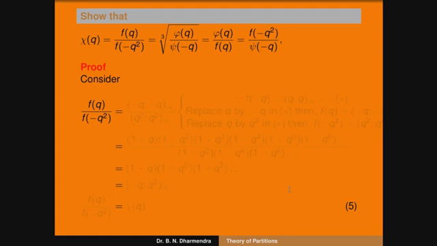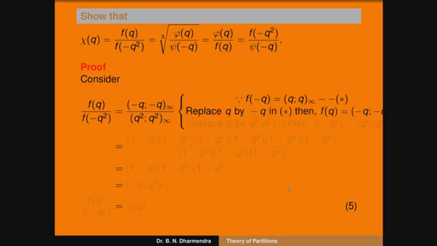When we replace q by minus q, that becomes f of q is equal to (-q;-q)∞. Similarly, we know the value of f of minus q is (q;q)∞. For the square term, f of minus q square is (q²;q²)∞. We can call this f of minus q statement star. When I replace q by minus q, that becomes f of q. Similarly, in star, we can replace q by q square, that becomes f of minus q square is equal to (q²;q²)∞.